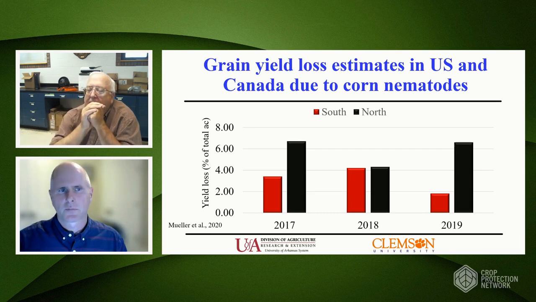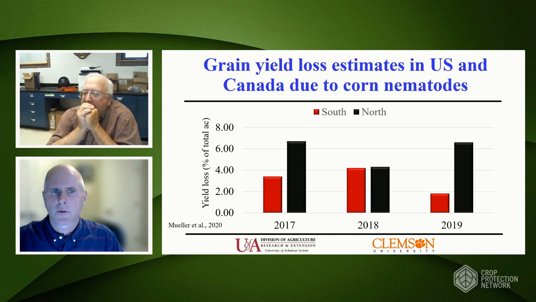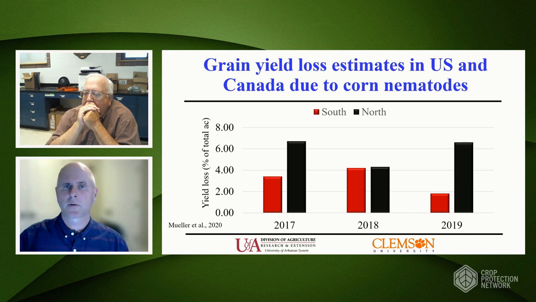This is just the percentage of the total acres in that area. So you can see those are pretty close. With the South, you're looking at 2 to 4% of the corn in the South can be lost due to corn nematodes, and a greater amount, 4 to 6% in the North.